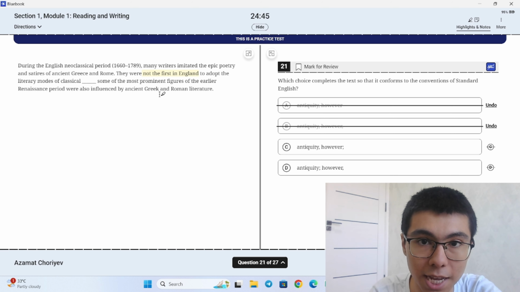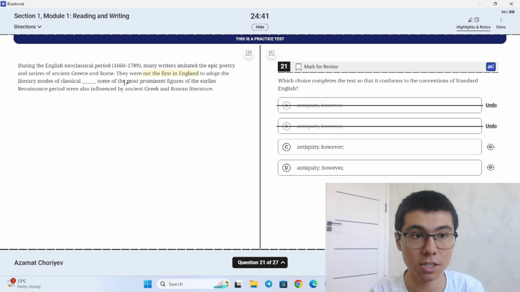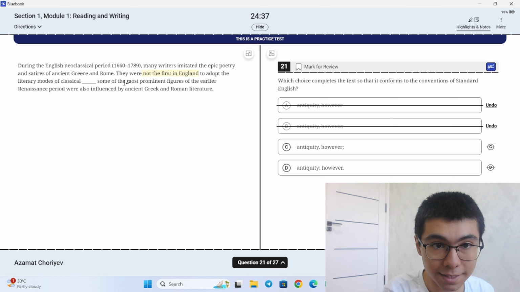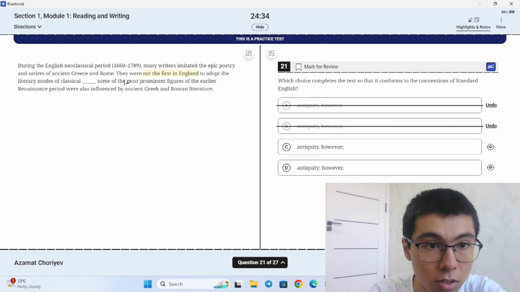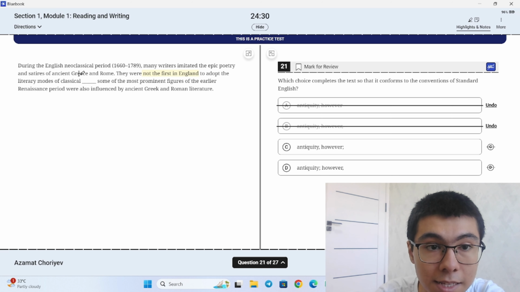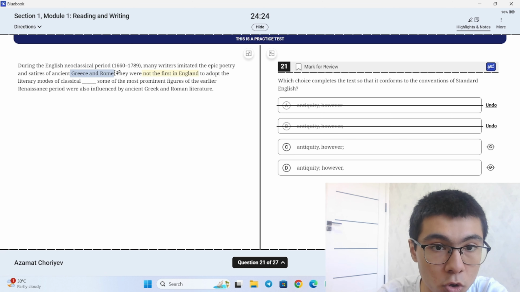So what we have to do is find a contrast, whether the contrast is between the first sentence and the second one, or between the second and the third sentence. So I guess the contrast is between the first and the second one. Why? Because the first sentence tells that they imitated from Greece and Rome.